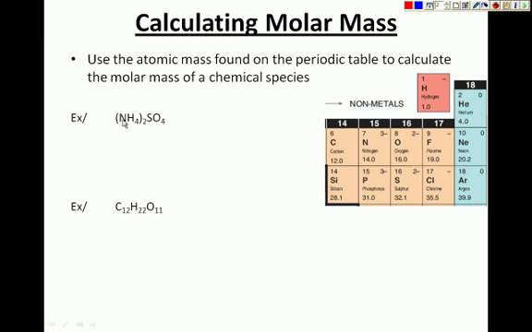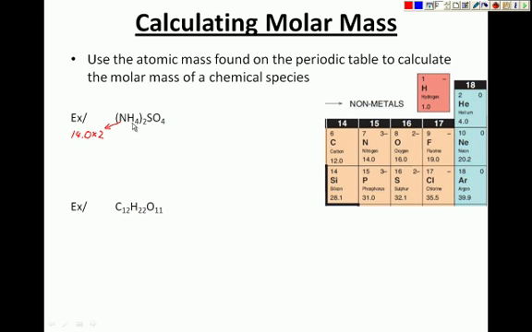So that means there's going to be 2 nitrogens, 2 times 4 hydrogens, so in other words 8 hydrogens, 1 sulfur, and 4 oxygens. So if we look on our periodic table, there's 14 grams in 1 mole of nitrogen. So for nitrogen right here, it's going to be 14.0, and there's 2, so times 2.